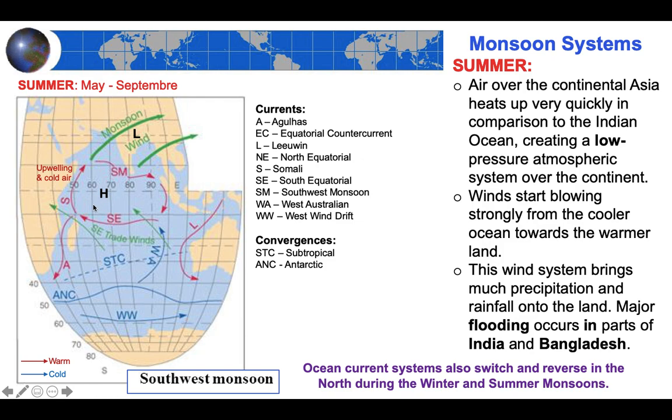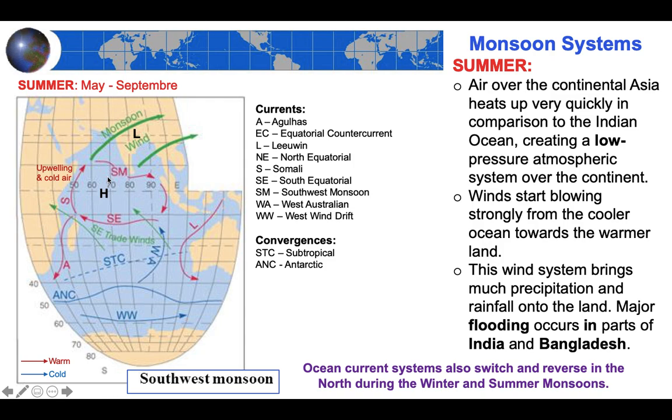So that sets up a high pressure system in the Indian Ocean to the west, southwest. So the wind starts blowing from southwest to the east northeast, from cooler ocean towards the warmer land.